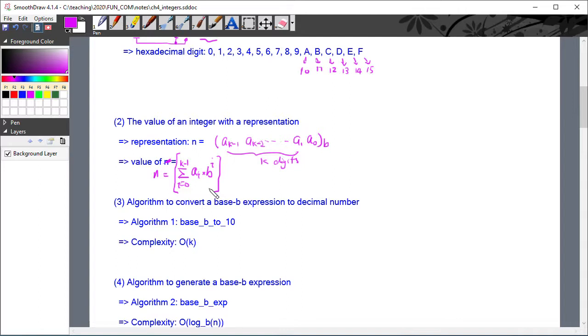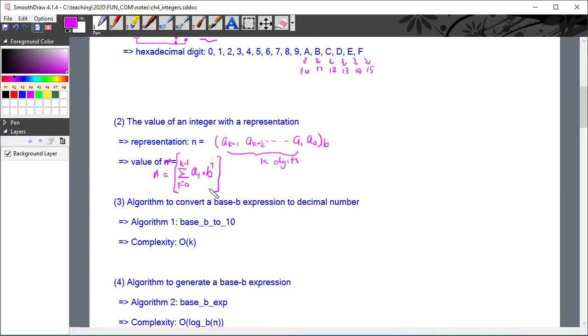Once again, we are most familiar with the decimal system. So usually when we want to do the actual calculation, we would like to use this summation of products to express the value of a particular number. All right, because of this representation and the value, because of this relationship, we have the first two algorithms.